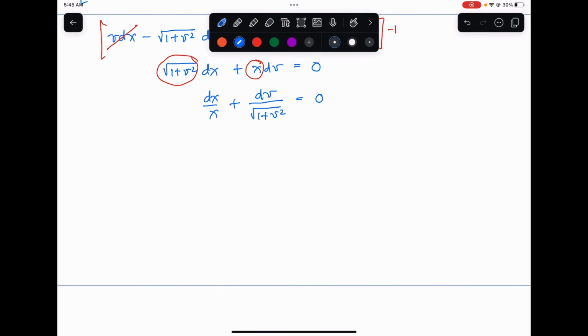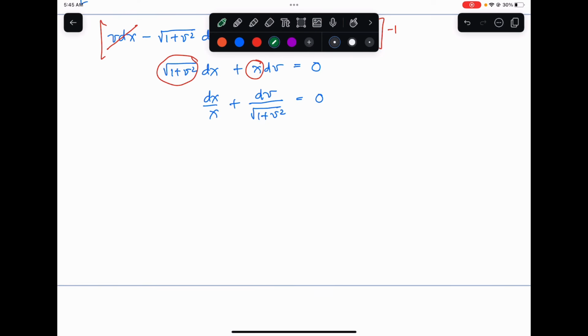So dx over x is ln x, but then we have dv over the square root of 1 plus v squared. How are we going to treat this one? We can use trigonometric substitution here.